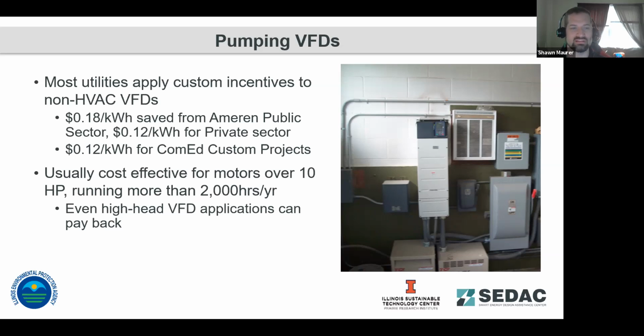And so they tend to be limited in how much they can slow down based on the head pressure that the system requires. But even in those applications where you've got limited turn down, we find that many times VFDs are still a cost-effective option for facilities. And so we'll look at that for your report and we'll analyze that potential for you. It's usually one of the measures that we include in almost every report.